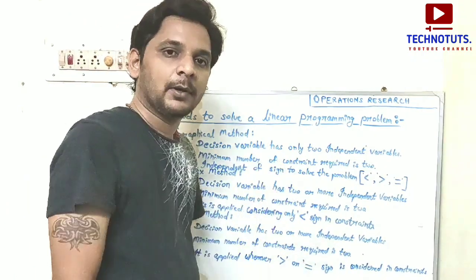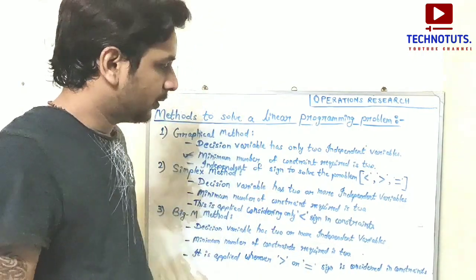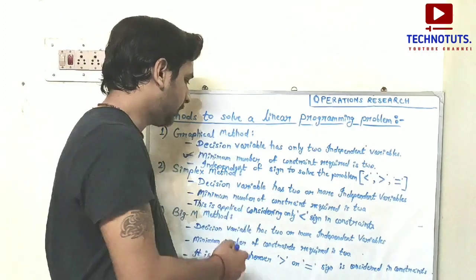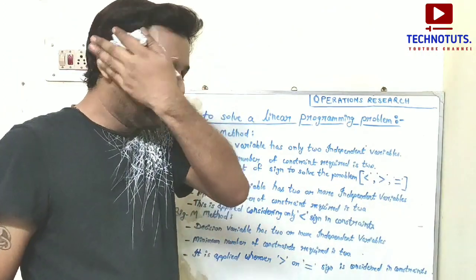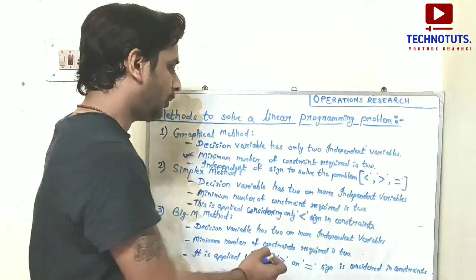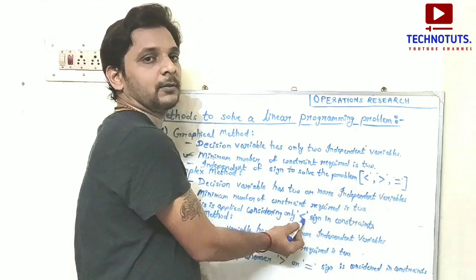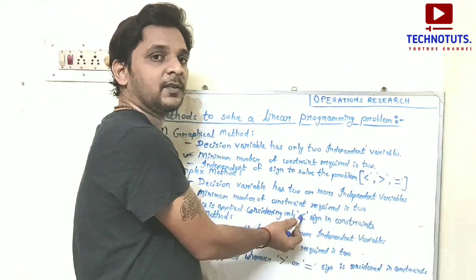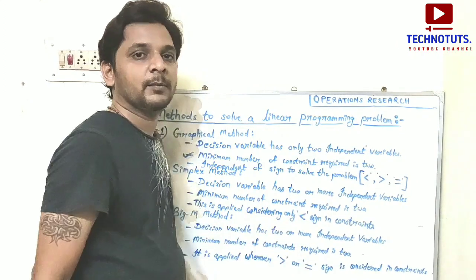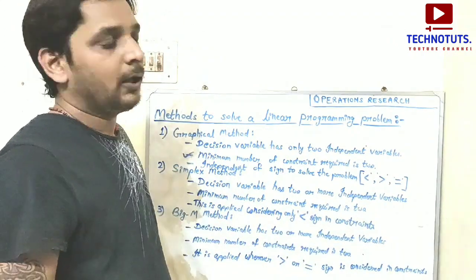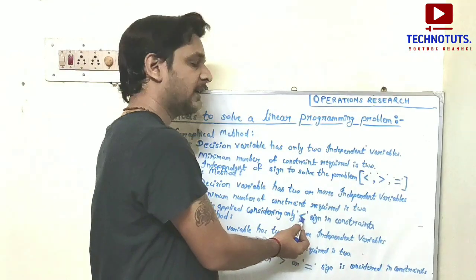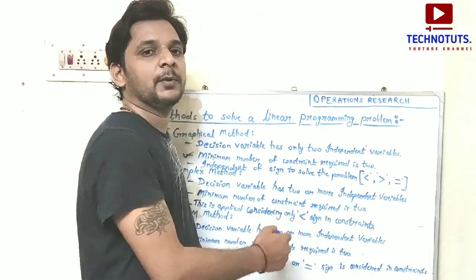But in the simplex method, the sign in the constraint equations should always be the less than sign. If it is not the less than sign, you cannot apply the simplex method. All the equations should carry the less than sign. Then only you can apply the simplex method.